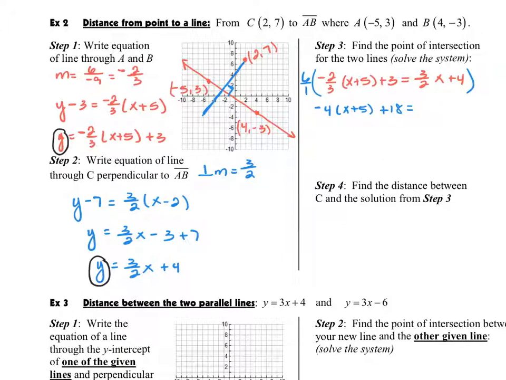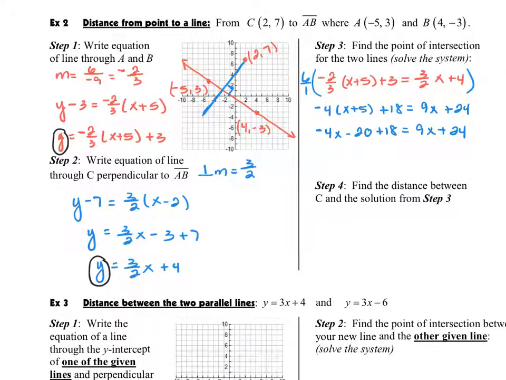So 6 times 3/2, I know 2 goes into 6 3 times, so that's going to give me a 9x. And then 6 times the 4 is the 24. Okay. Now I'm going to go ahead and distribute my negative 4. So I have a negative 4x minus 20 plus 18, equals 9x plus 24.